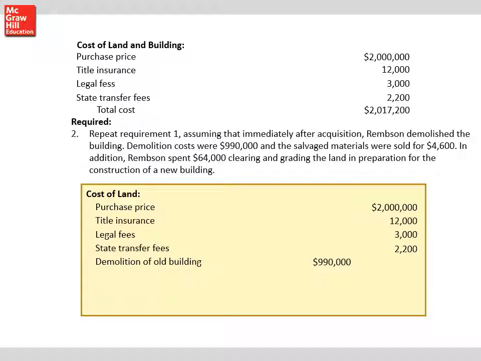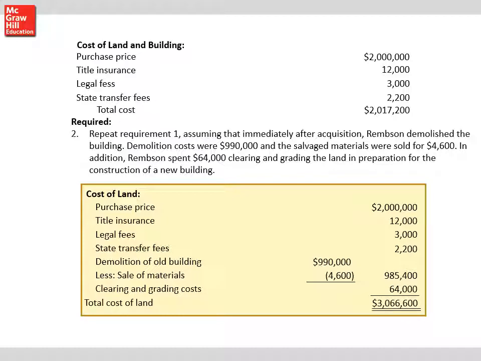In addition, the demolition of the old building will be included, but the sale of the salvaged materials will be subtracted because that's like a revenue. It's like they paid less for the demolition of the old building. Also, they have to clear and grade the land for $64,000. So now the total cost is $3,066,660.